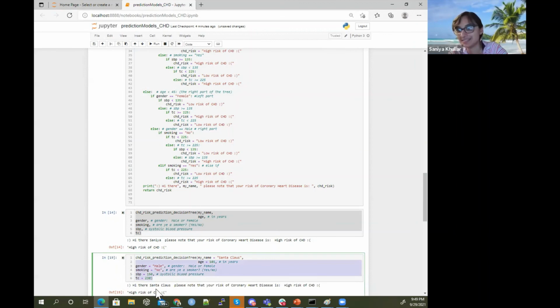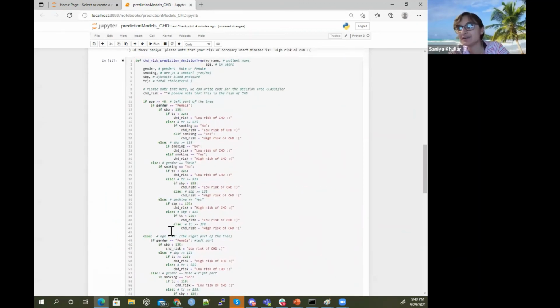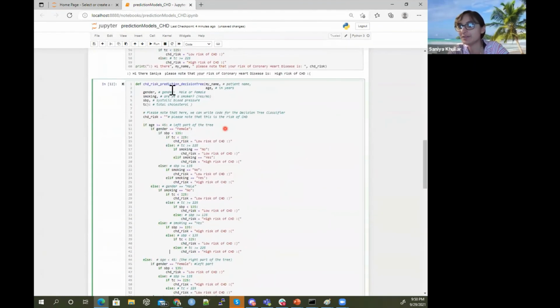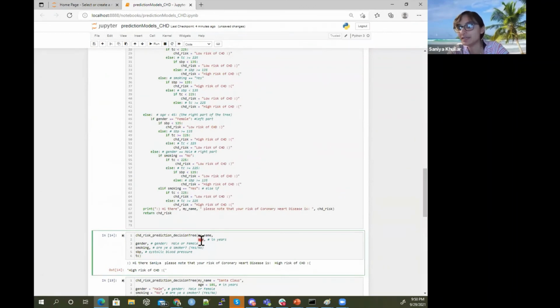At some point, it changes from low risk to high risk of CHD. So this is like a function that you can make essentially based on this decision tree classifier. So that's really how you can turn this classifier directly into code that you can use to play around with these different predictors of your age, gender, smoking status, systolic blood pressure, and total cholesterol.